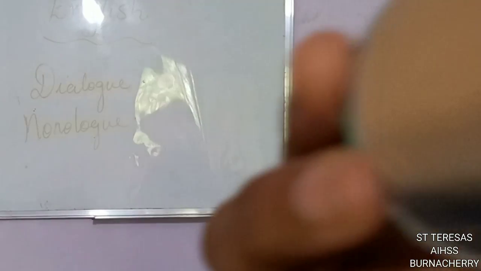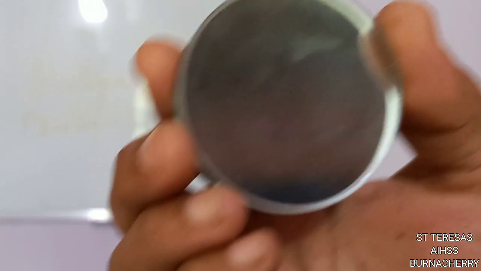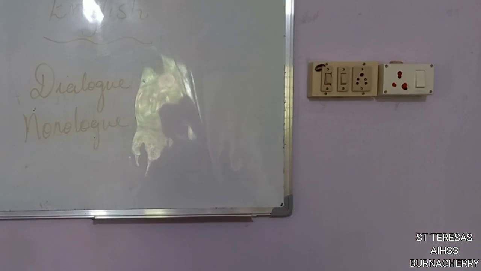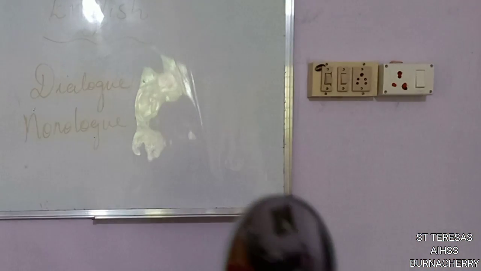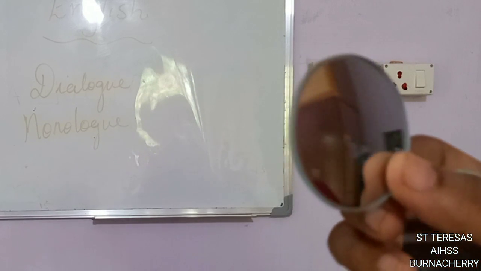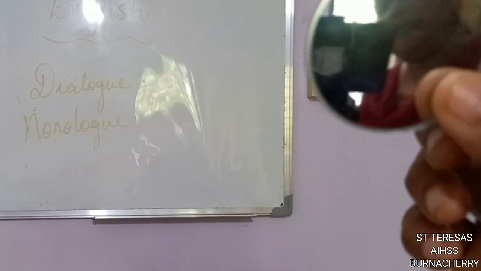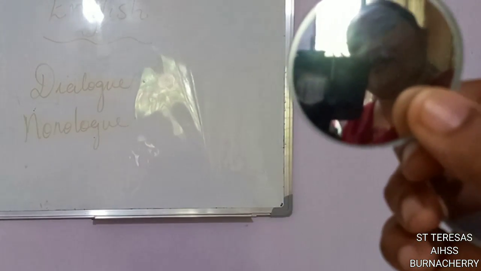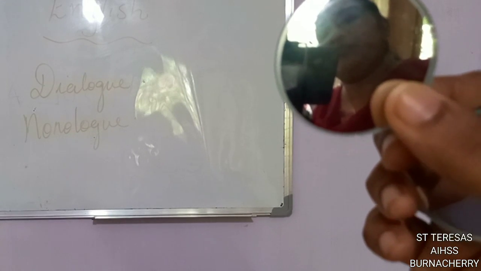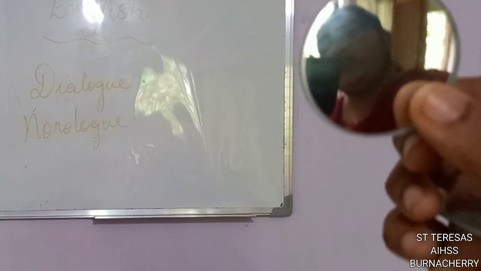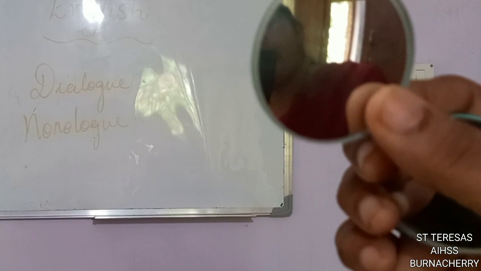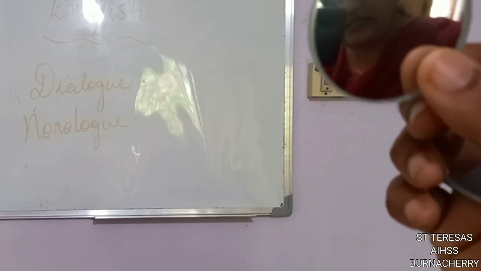Now we know that this is a concave mirror and this is a convex mirror. Okay, now I hope you can see my face here. So in this convex mirror, what is the peculiarity of this convex mirror? You can see a smaller size of me inside the mirror, isn't it?